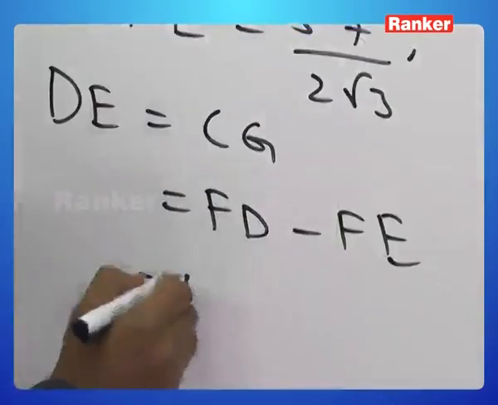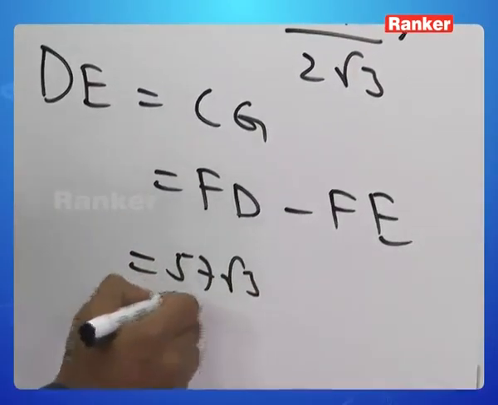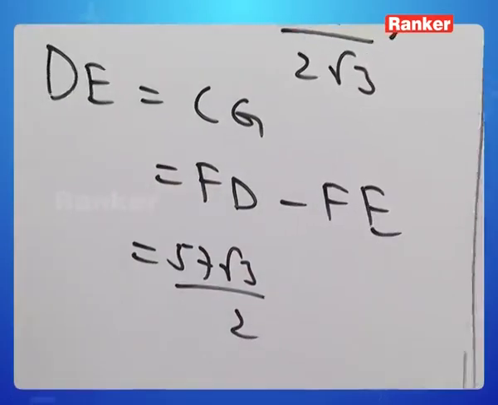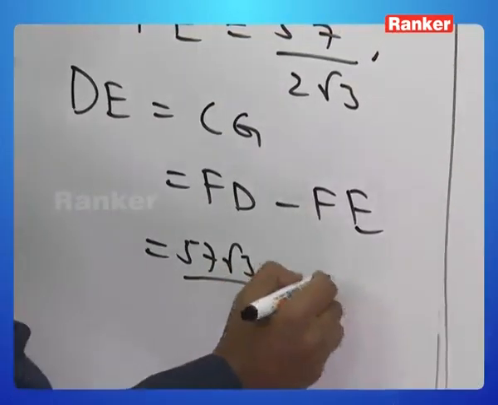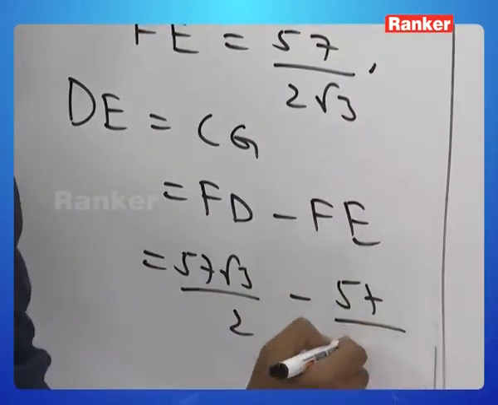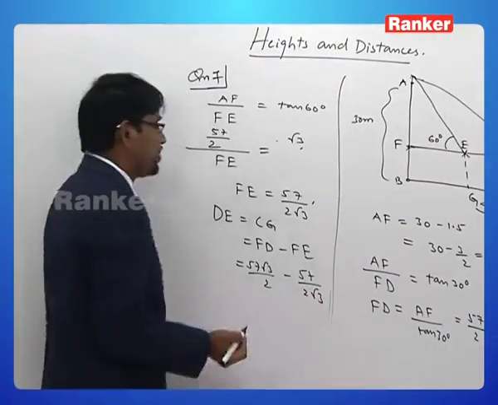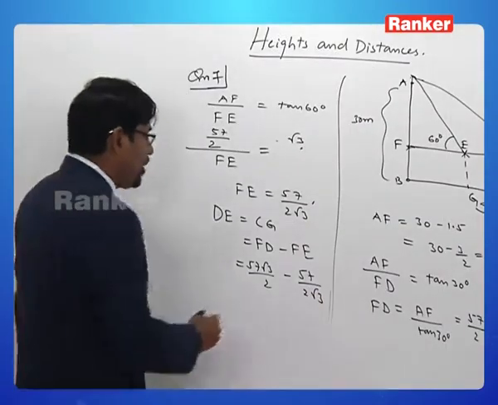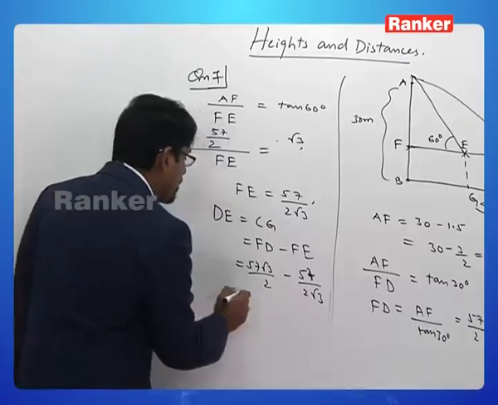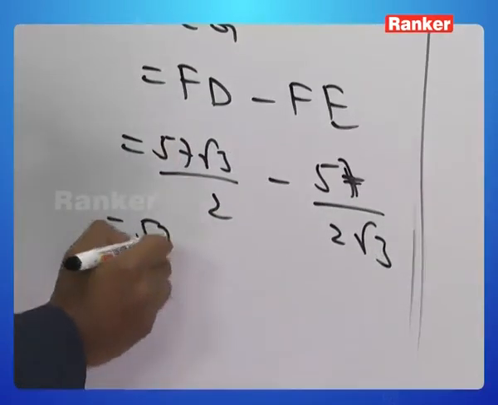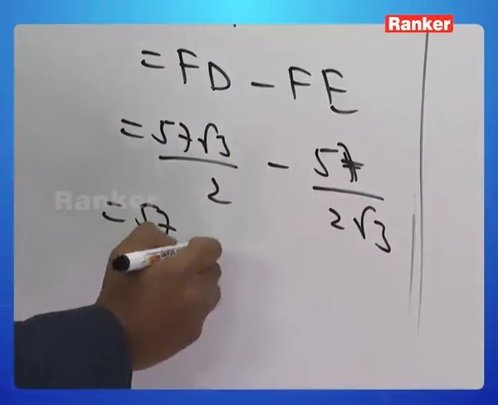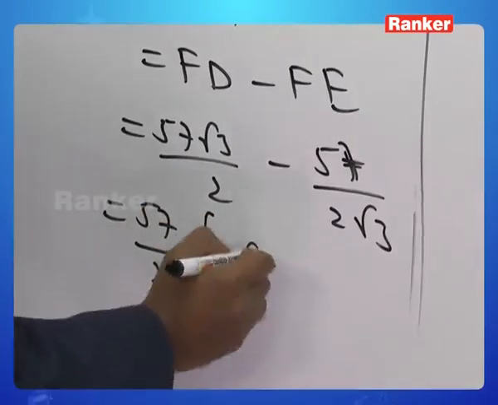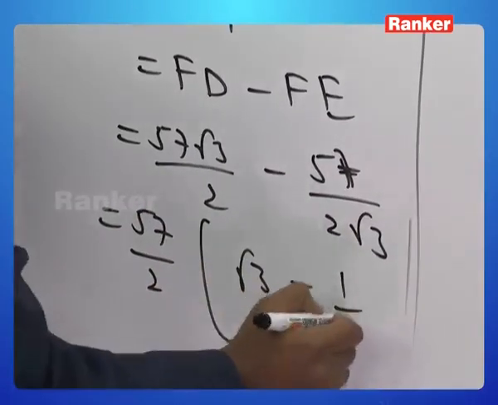So that is 57 root 3 by 2 minus, what is FE? 57 by 2 root 3. We will take out that 57 by 2 common, and we have here root 3 minus 1 by root 3.